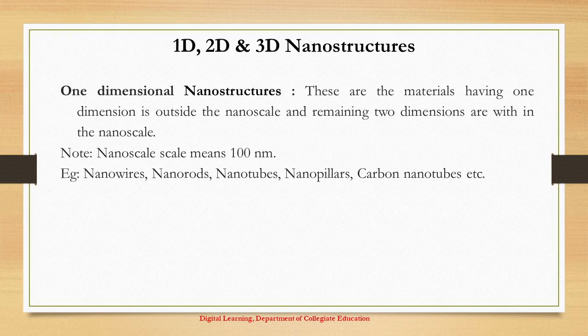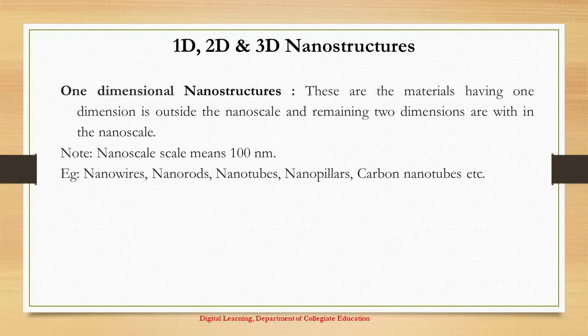Examples: nanowires, nanorods, nanotubes, nanopillars and carbon nanotubes. One dimension is grown and the other two dimensions are in the nanoscale. Such materials are called one-dimensional nanostructures.